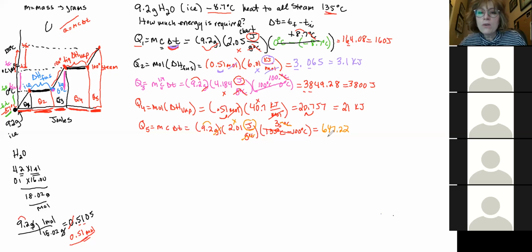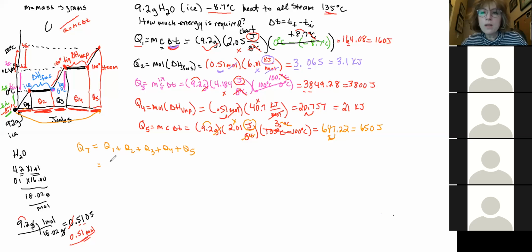So the 7 causes the 4 to round up to 650 joules. That's all 5 of them, okay? Now the question really wants to know how much energy there is from this side to this side. So we just add each one together. The total energy, the total Q, is Q1 plus Q2 plus Q3 plus Q4 plus Q5.